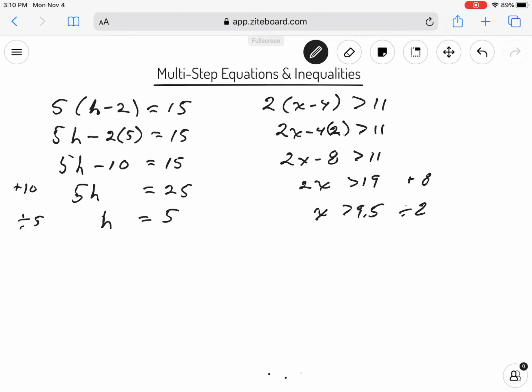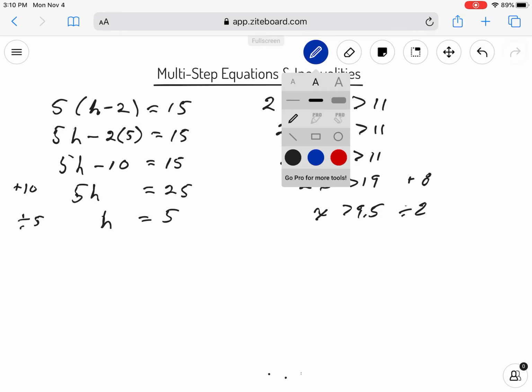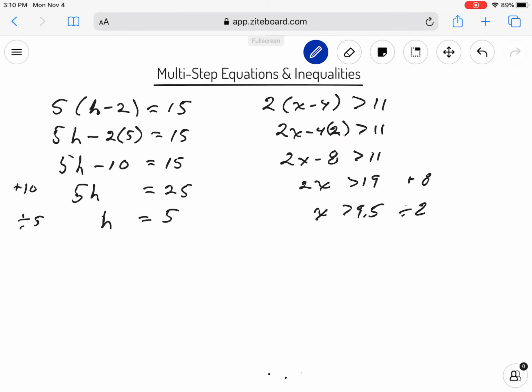Let's do maybe one more of these. Let's just change colors to make things more clear. I have 5x minus 9 greater than or equal to 2 times x plus 6.